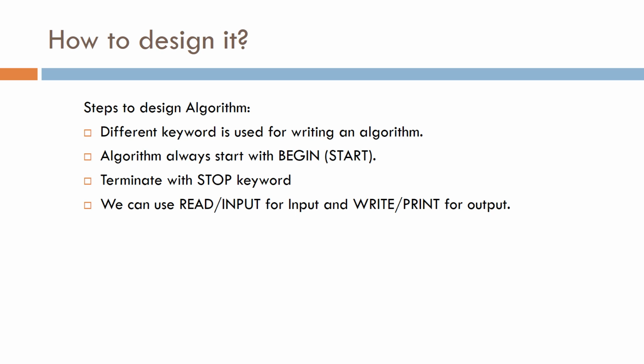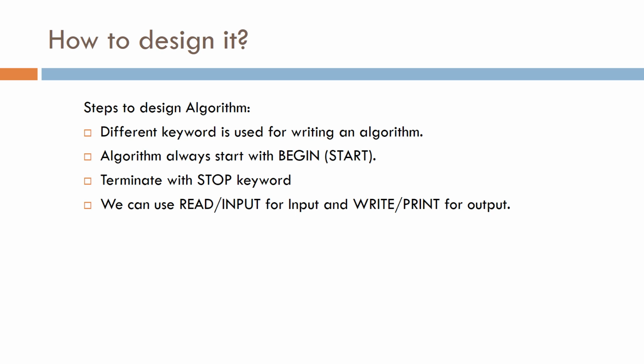We can use read or input for input values, and write or print for output values. Whenever in your program or in your logical analysis you need input values from the user, we can use the label input or read.